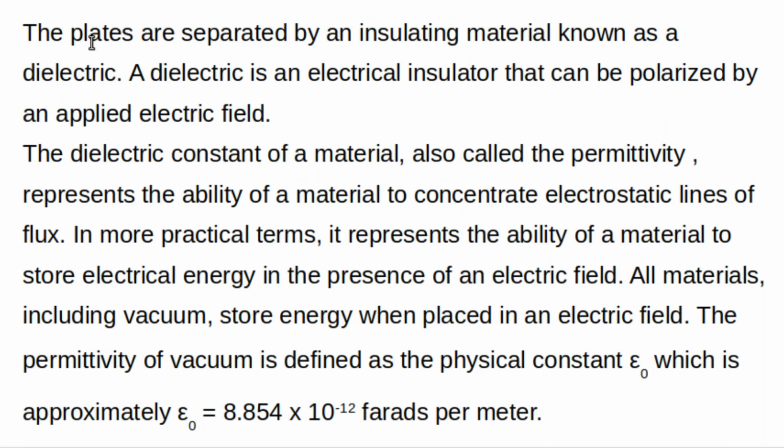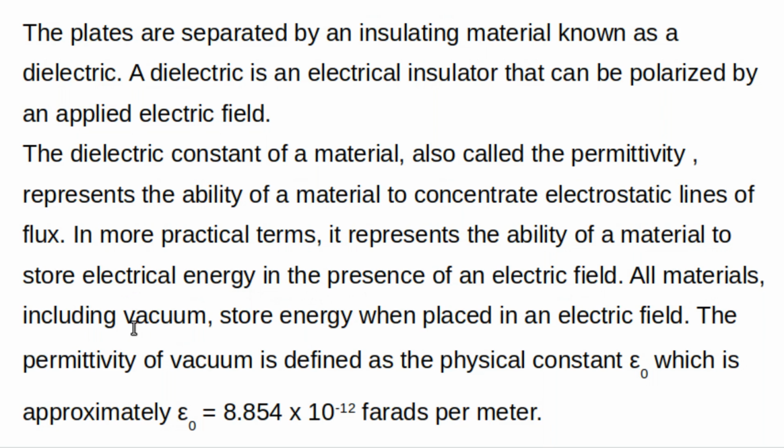What is a dielectric? It's an insulating material that can be polarized by applying an electric field. The dielectric constant of a material is also called the permittivity. It represents the ability of a material to concentrate the electrostatic lines of flux. In other terms, the dielectric permittivity represents the ability of a material to store electrical energy in the presence of an electric field.